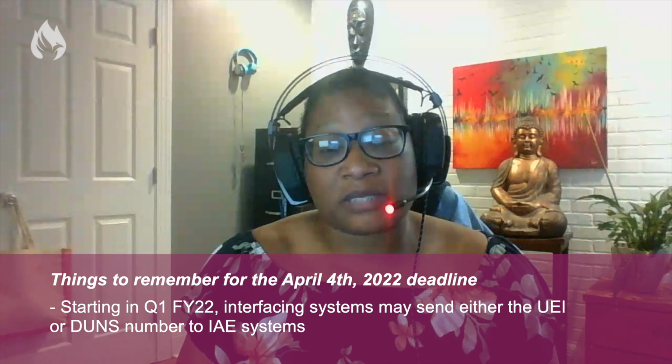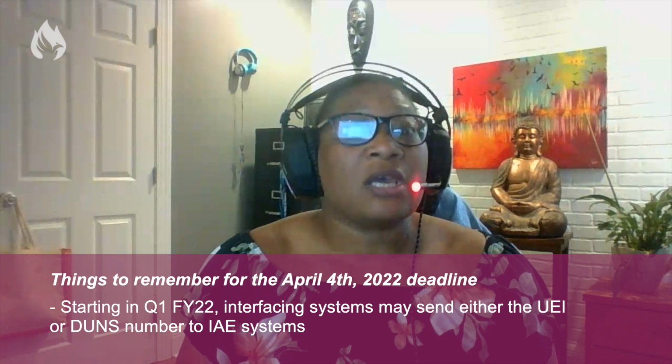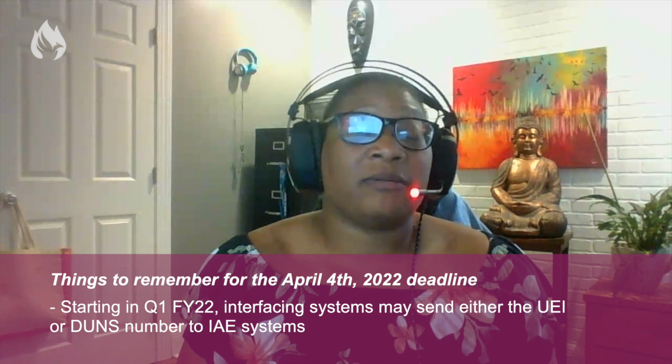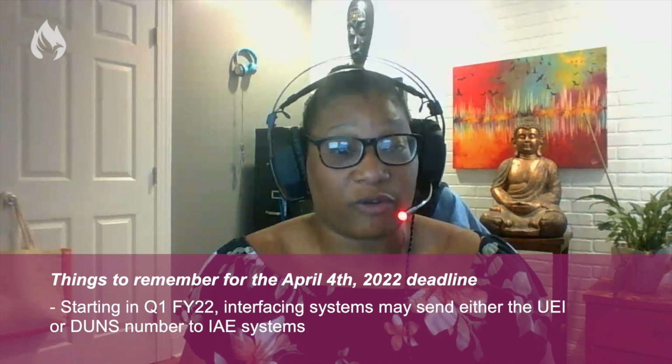I know if you do business with the district, it does kind of a pull from DNB and it pulls that information. So up until April 4th of 2022, that will continue. After that, it's gonna complete this transition over to SAM.gov, where everything should go from there.